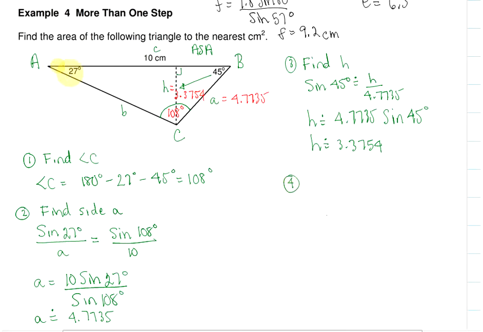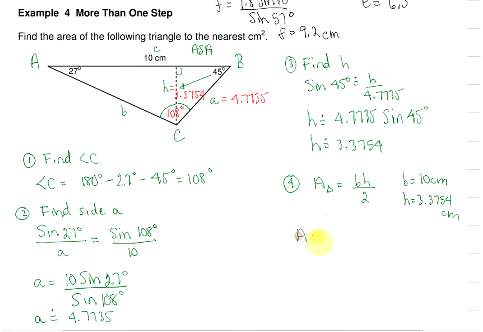All right, so my last step then is to get the area, because I have all the information I need. I have the base of my triangle, which is 10 centimeters. I have the height of my triangle, which is 3.3754. And so area for a triangle is base times height over 2. My base is 10 centimeters. My height is 3.3754 centimeters.